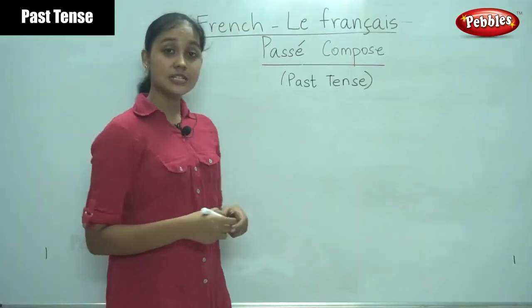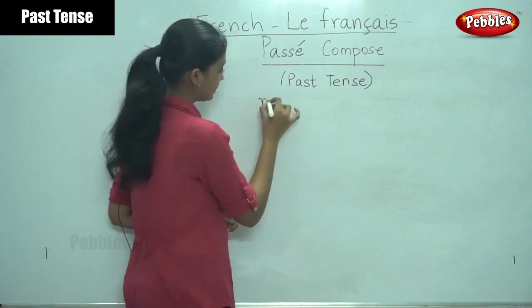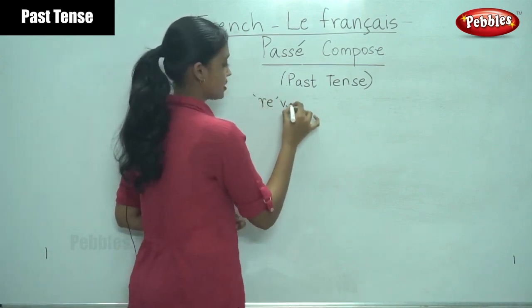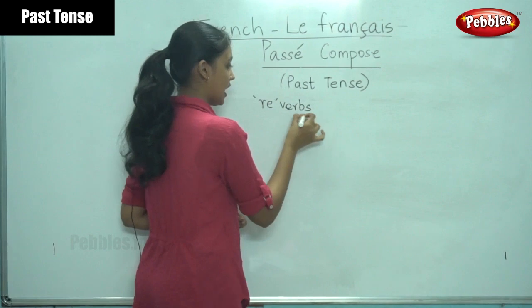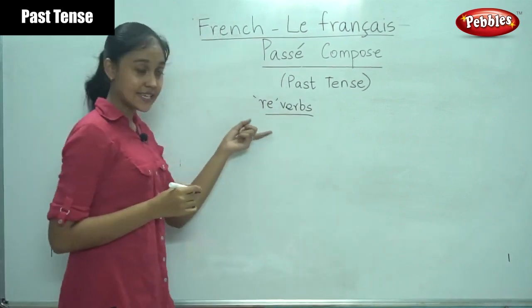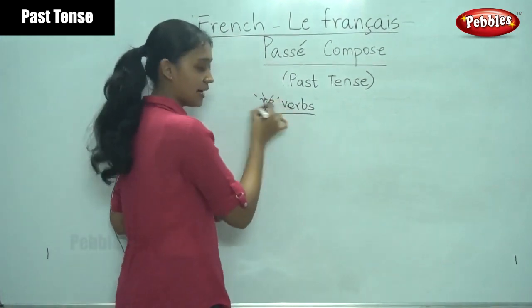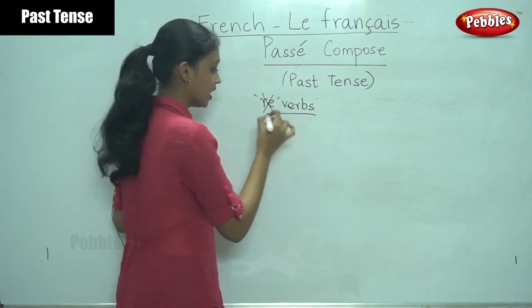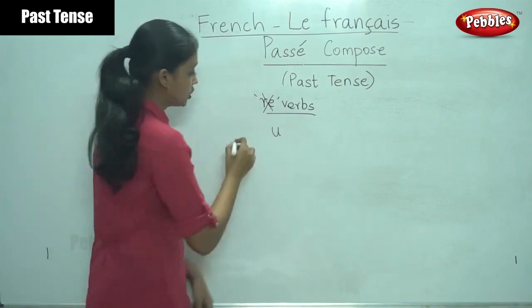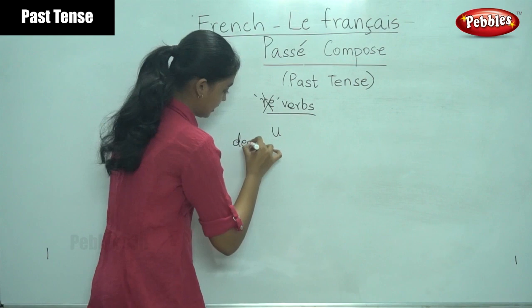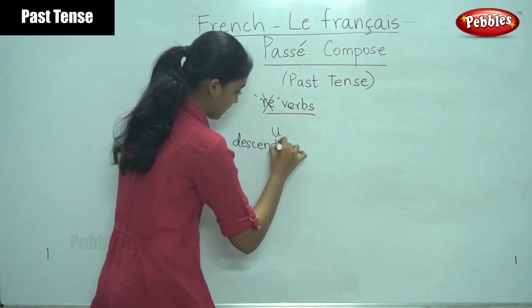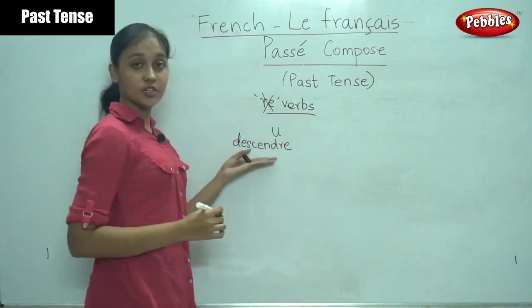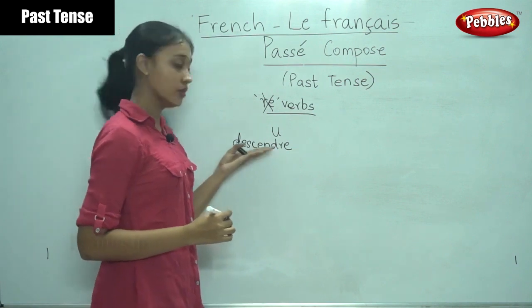Now we have also learnt another type of verbs. They are the RE verbs, the verbs that end in RE. So in this case, we will remove the RE and replace it with U. So do you remember the verb descendre? Descendre, it means to climb down.